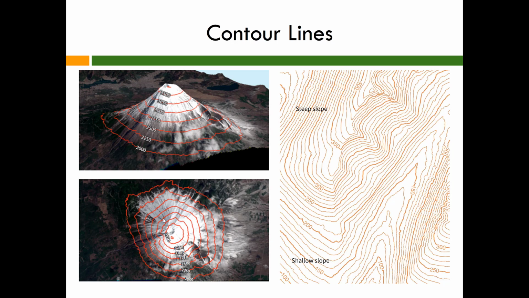Those circles tell you it is a cone-shaped mountain. And here is a real topographic map. You can see it's very steep here, and very shallow here because the spacing is wider.